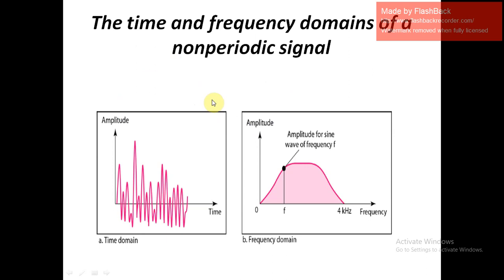If it is a periodic signal, we have seen that it will be a line spectrum, but if it's a non-periodic or aperiodic signal, you will get a continuous spectrum. There are no discrete points, the amplitude spectrum is continuously changing, right?